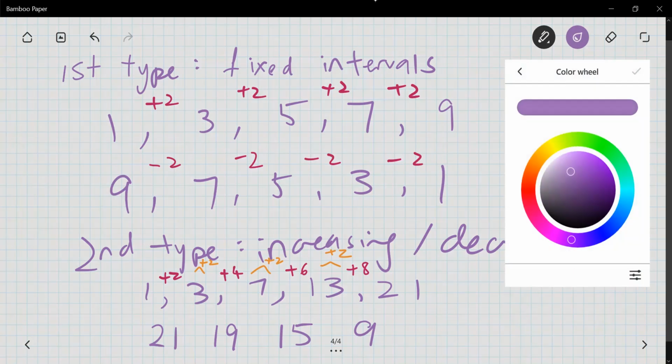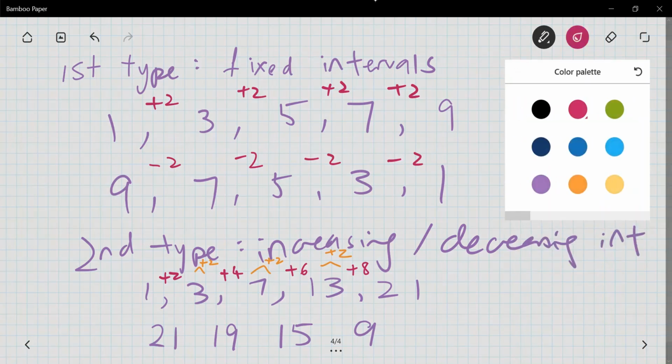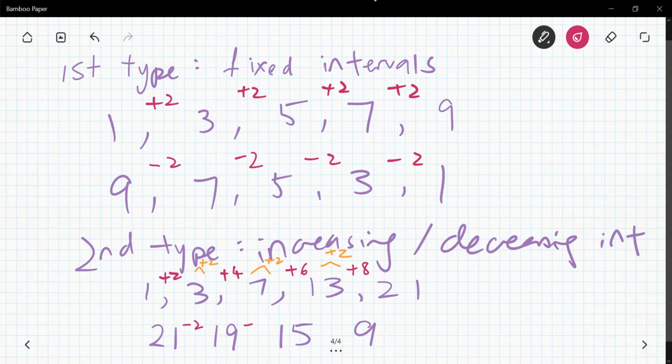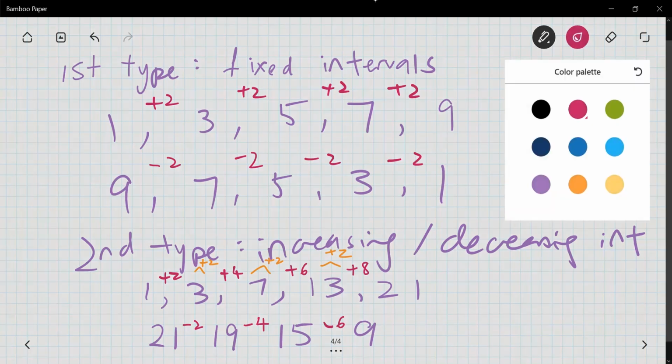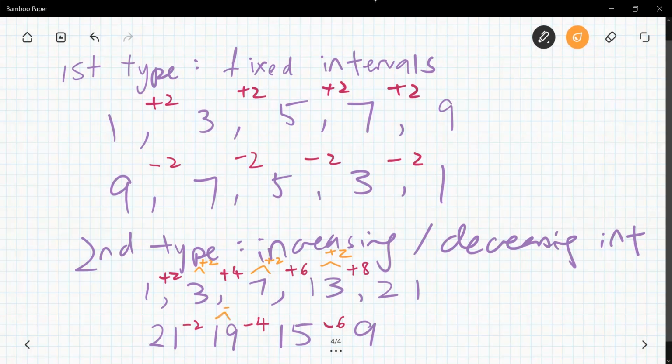So what happened is I have minus 2, and then minus 4, and then minus 6, and in between each I minus 2 again, and so on and so forth. So this is your increasing, decreasing intervals.